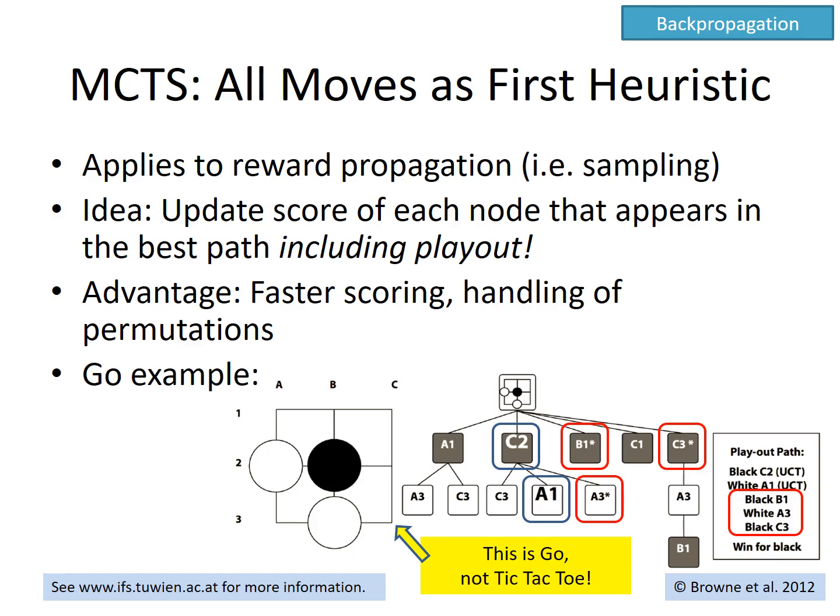That means here in the scenario of Go, this is not a tic-tac-toe game, but a Go game of 3x3, therefore the moves are different. If you decide on some strategy like putting a stone into the position of A1, which is up here, then you don't give the reward only to the node for the move of A1, but to all other nodes that are involved in the playout, that is B1, A3 and C3.